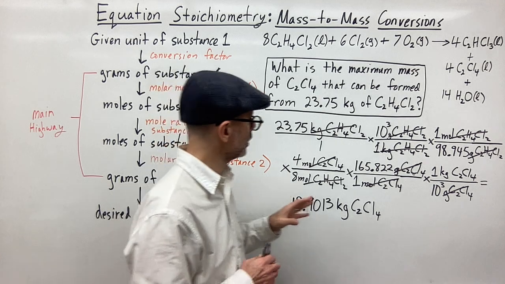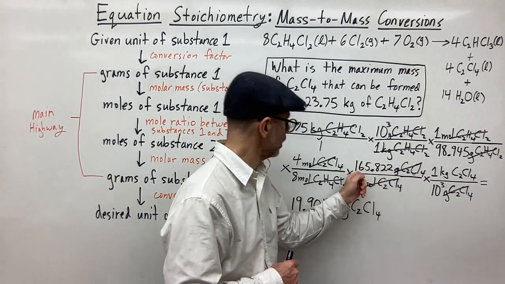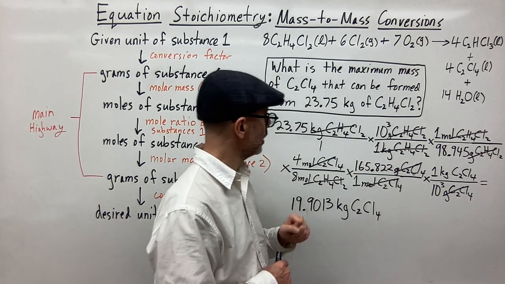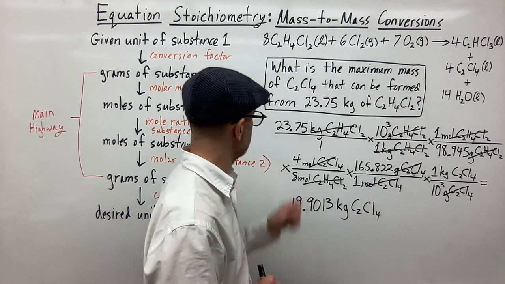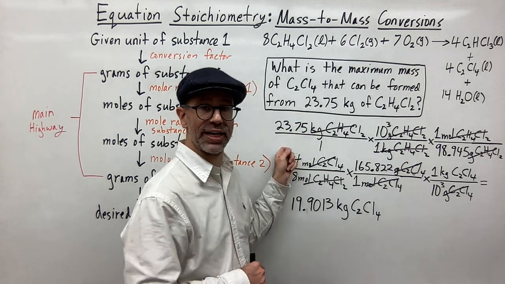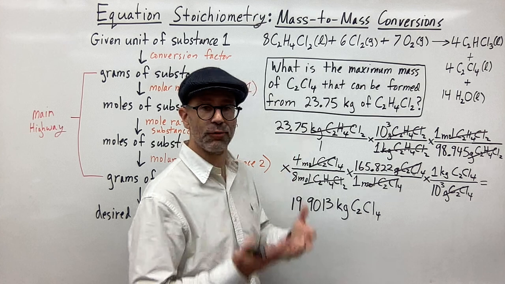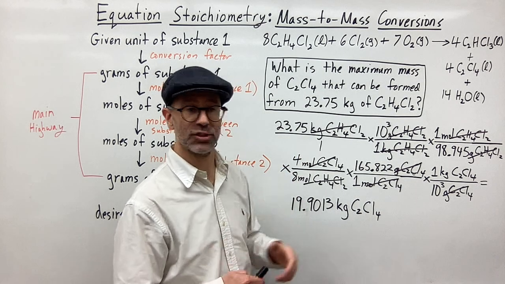So the only things that we need to pay attention to are the molar masses. This molar mass has 6 sig figs, and this molar mass has 5 sig figs. And this measurement that we're given of our first substance has 4 sig figs. 4 is the least number, so 4 is the number of sig figs that our answer should have.